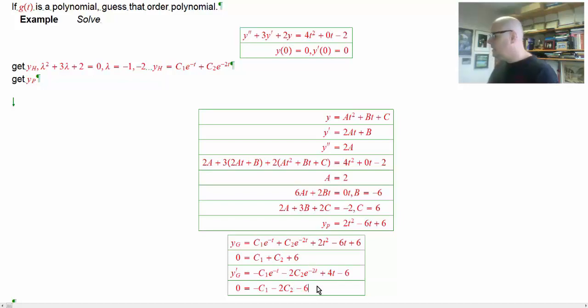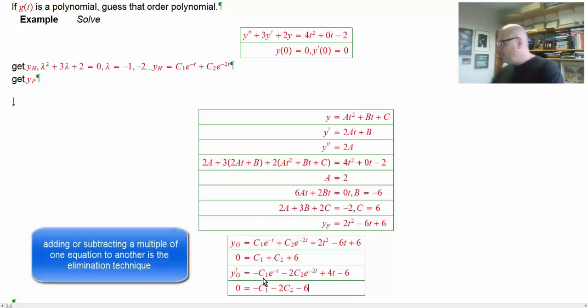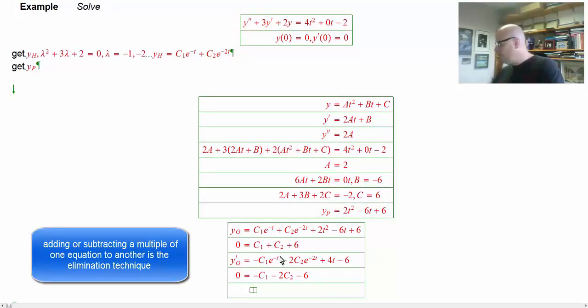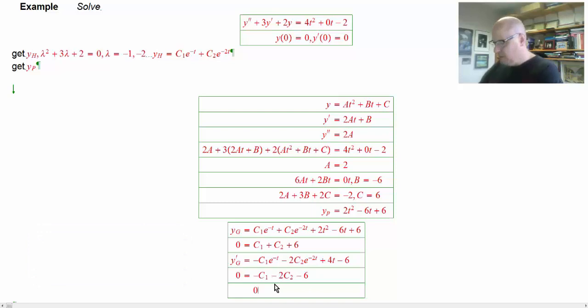So here and here are my two equations, two unknowns. Now I go about solving these however you want to do it: substitution, elimination, Cramer's rule. In this case, I'm going to just add this equation to this equation, so the C1s cancel out. If I do that, the 6s cancel out, 0 equals minus C2, so C2 must equal 0.